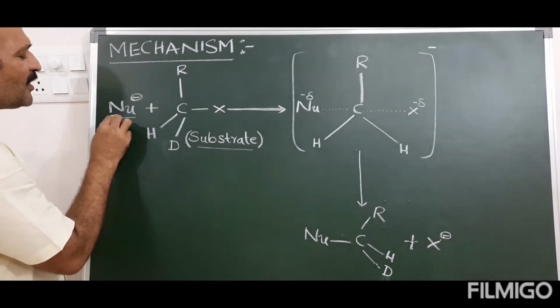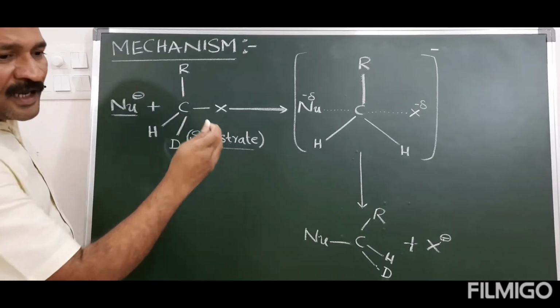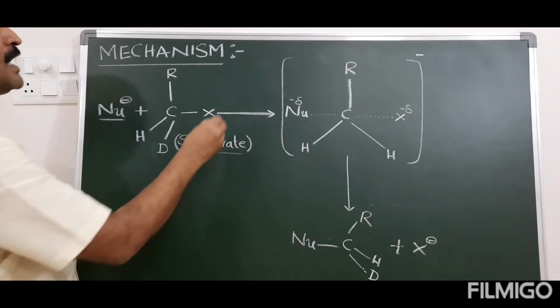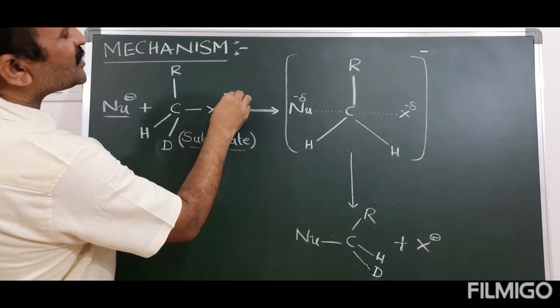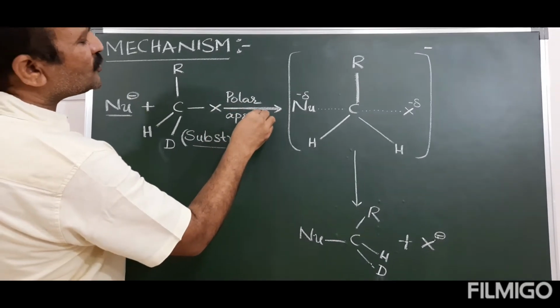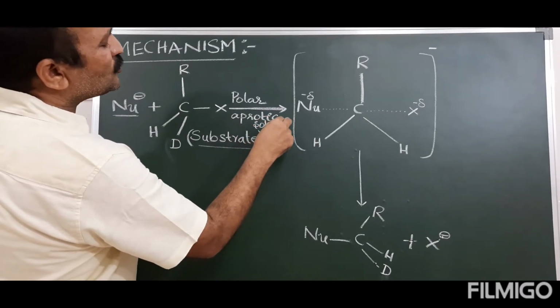Where the nucleophile concentration is sufficient, and where the alkyl halide is unable to produce a carbocation readily, and polar aprotic solvents are used. Polar aprotic solvent is the solvent used in the reaction.